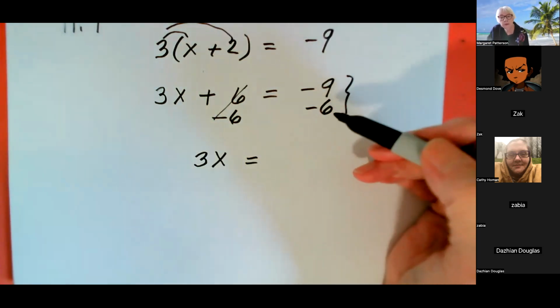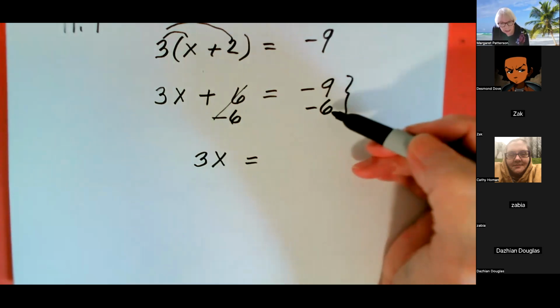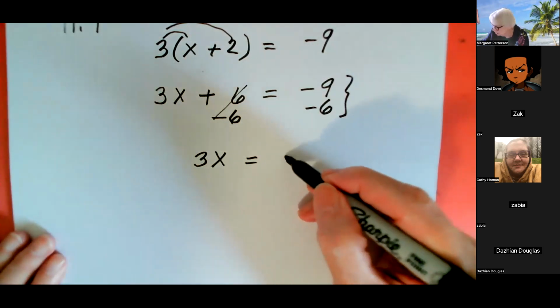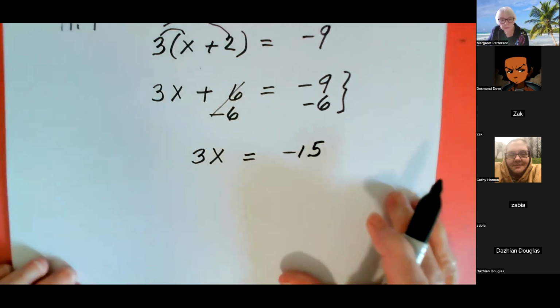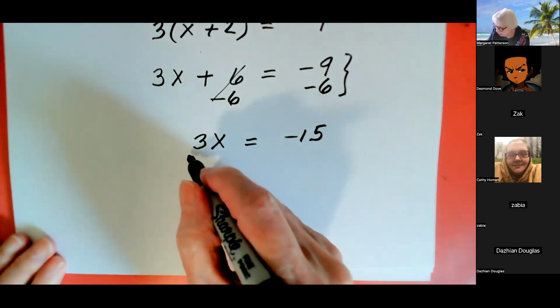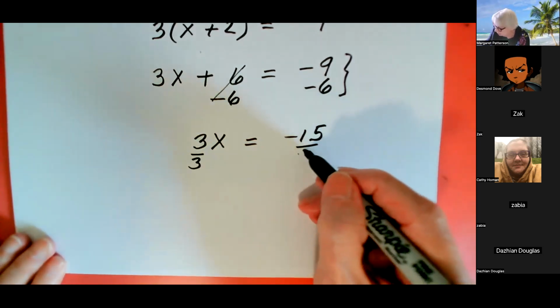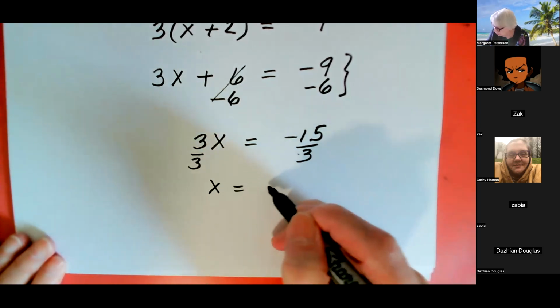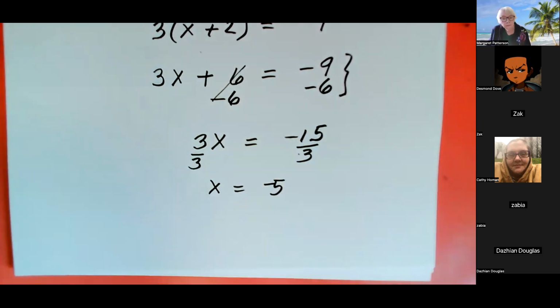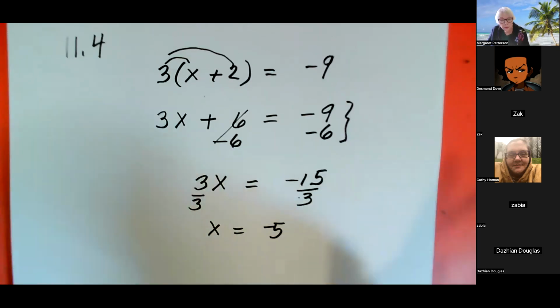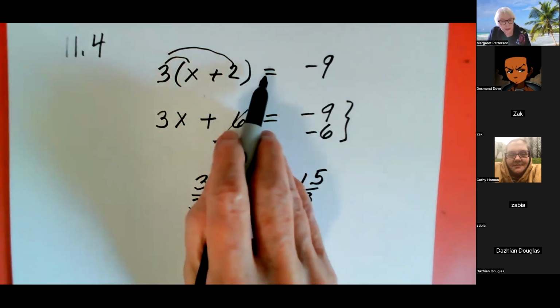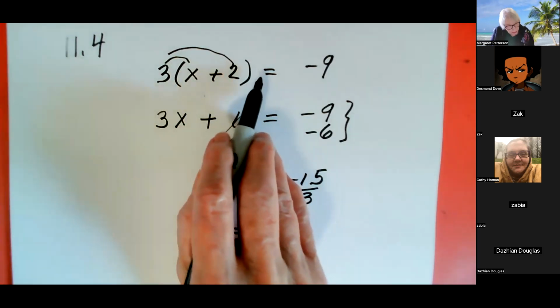It's negative and then more negative. So I'm adding 9 and 6. It's -15. I then divide and divide. X is -5.